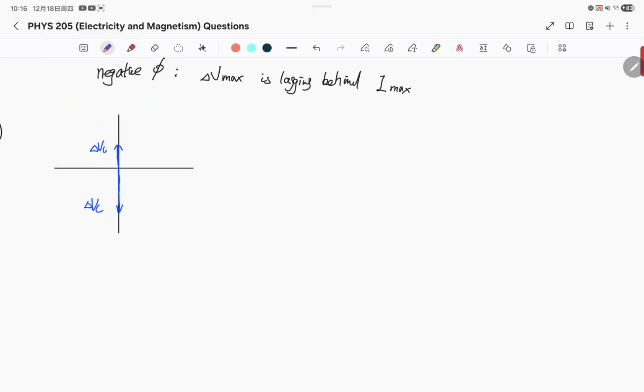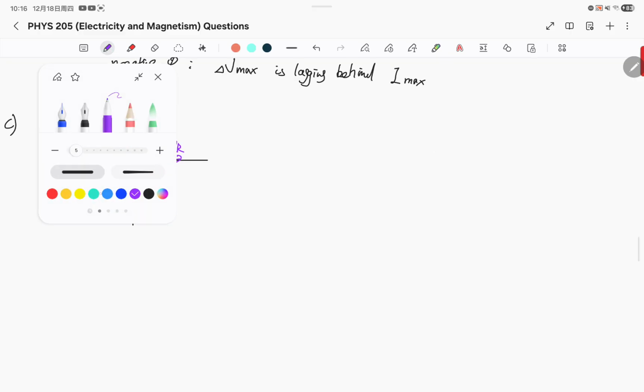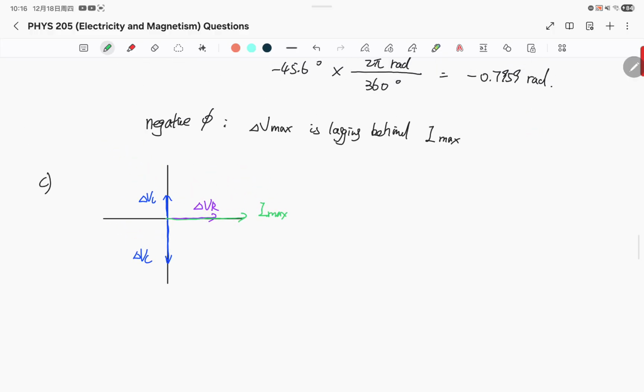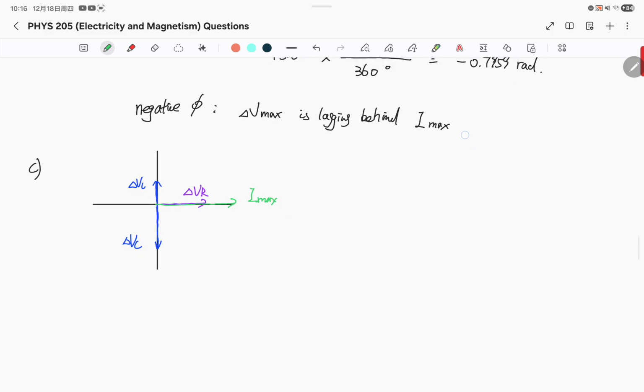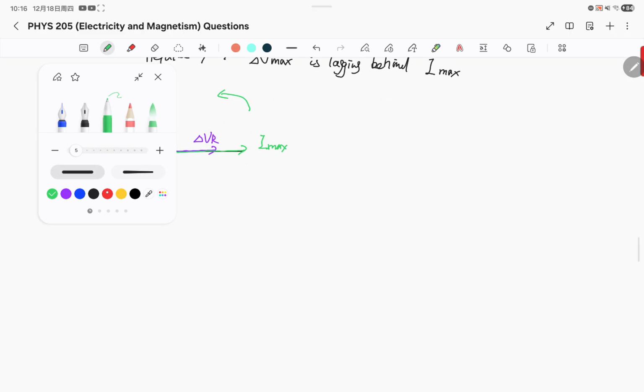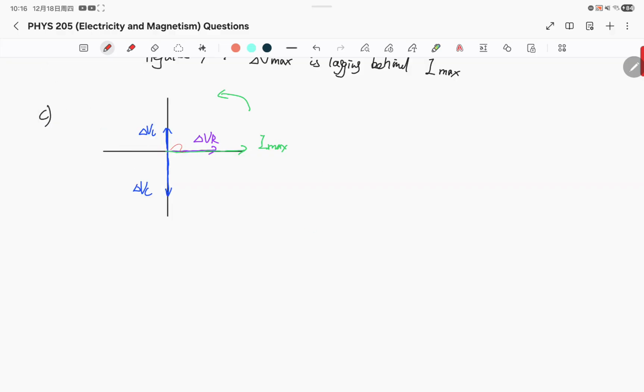And this is delta VR, and we have delta Imax. Like I said, since we have a negative phase angle, Vmax is lagging behind Imax, and everything here spins in this direction. So that means my delta Vmax is somewhere here, and this is my angle phi.